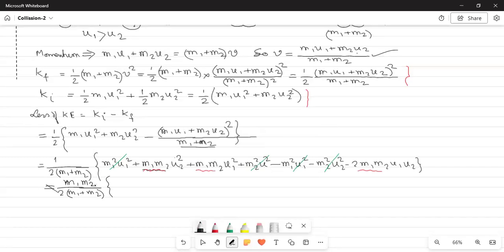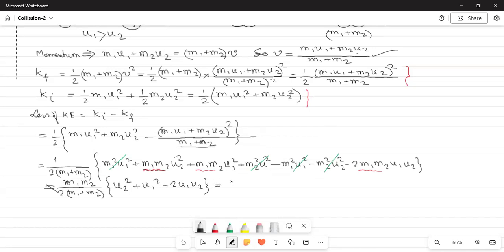What I am left with inside is U2 square, then from here plus U1 square minus 2 U1 U2.